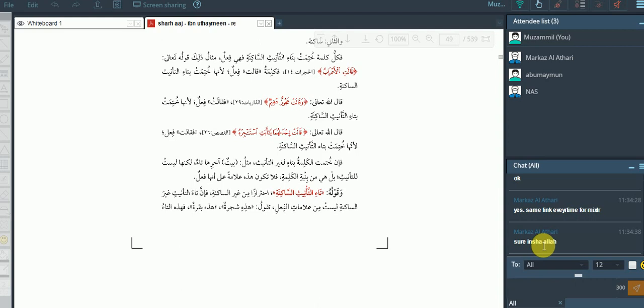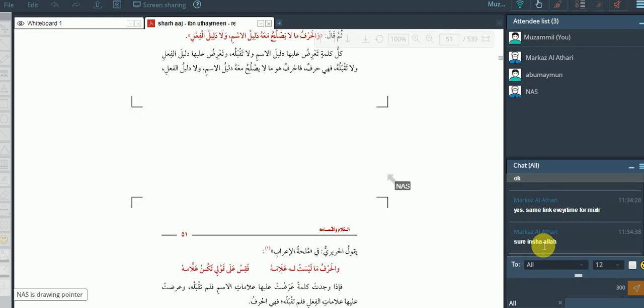So what is the sign of the harf? Let's go back and see what the Shaykh, or rather what Ibn Ajurrum, said about it. He said: "The harf is that which does not accept the sign of the ism nor the sign of the fi'l."